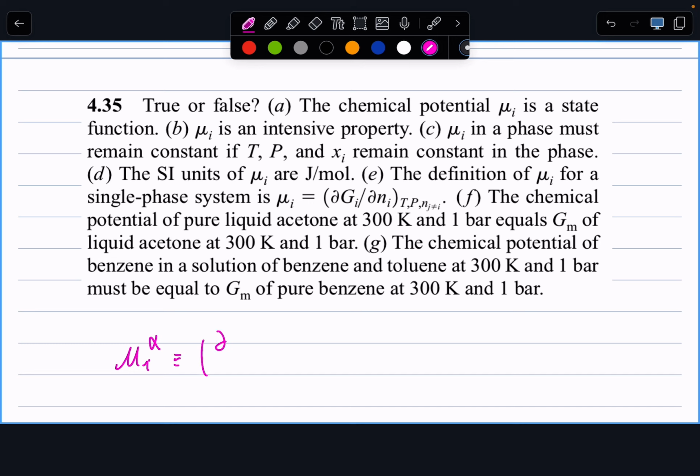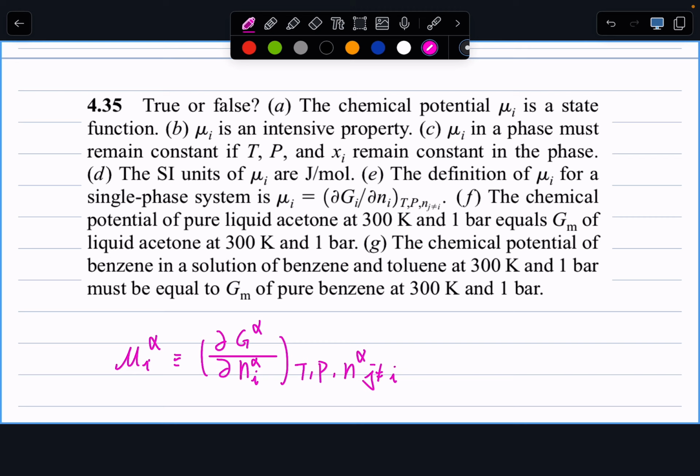That's defined as the partial derivative of the total Gibbs free energy of that phase alpha over the number of moles of the species I in phase alpha, at constant T, P, and N alpha J, where J is not equal to I.